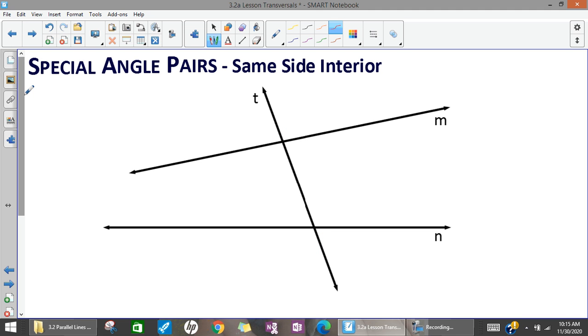Same side refers to same side of the transversal. So interior, we're inside, so I have same side interior angles here.